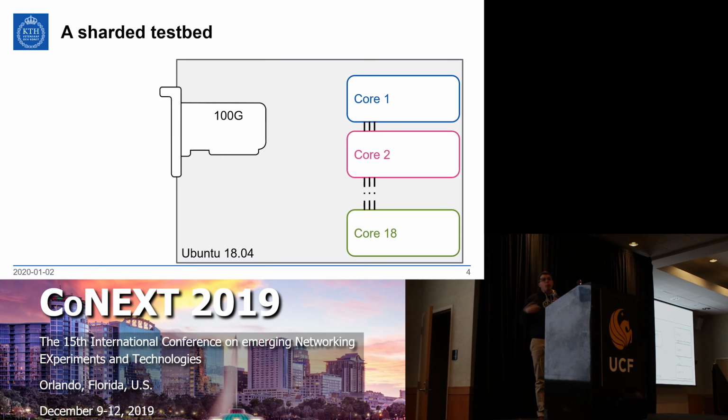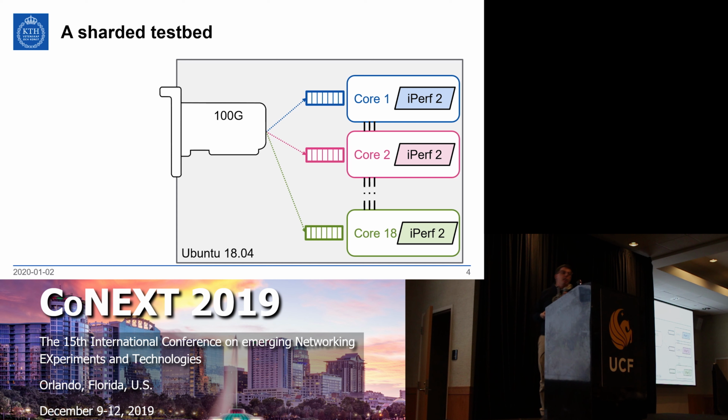We've got a computer with 18 cores, and we have a 100 gigabit Mellanox NIC, which we configure to have 18 receive queues, 1 per core. And we run our application pinned to each core in a way that it doesn't migrate. So that's the idea of sharding.